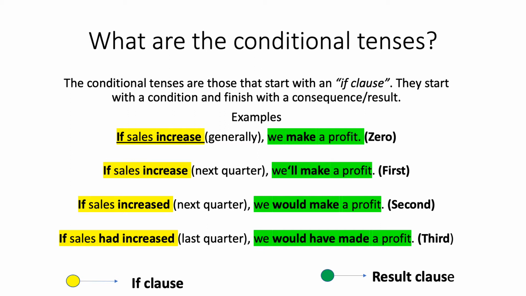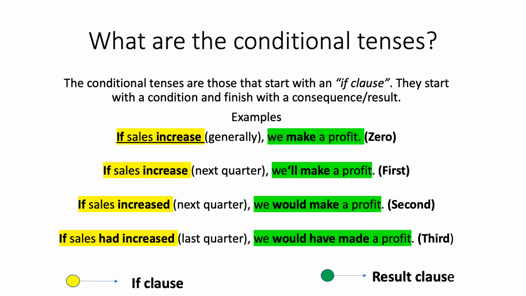The same goes for first and second conditional. And we have: if sales had increased, we would have made a profit. Here we are talking about something that has already finished, and we are just dreaming about something that is not true. This result is unreal.